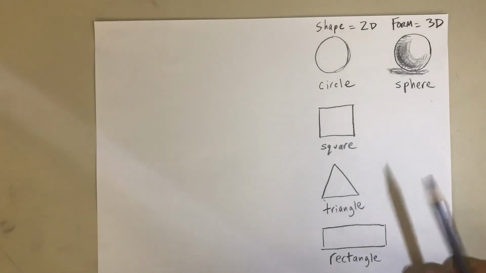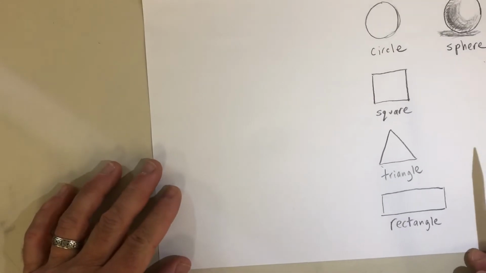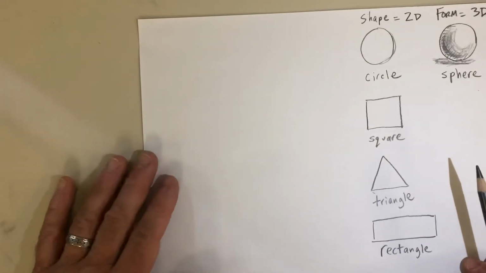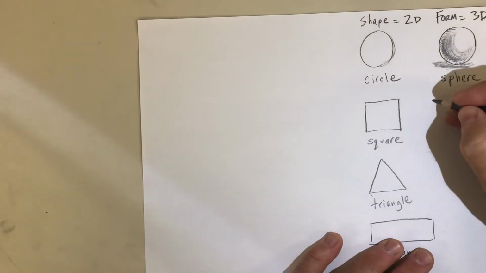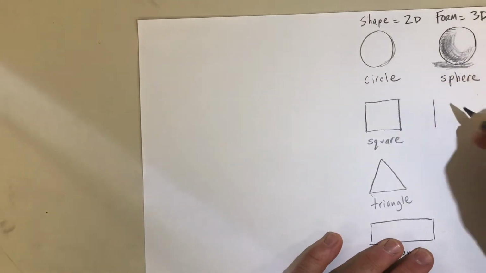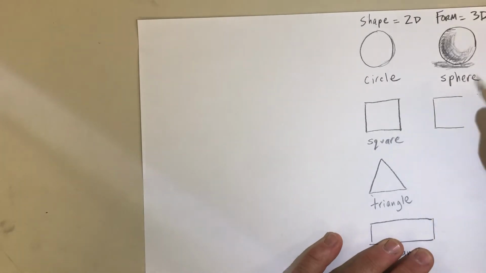Okay, to take the square and make it a cube, you're also going to use shading, but before you do the shading, you're going to add some lines. And we'll start simple.